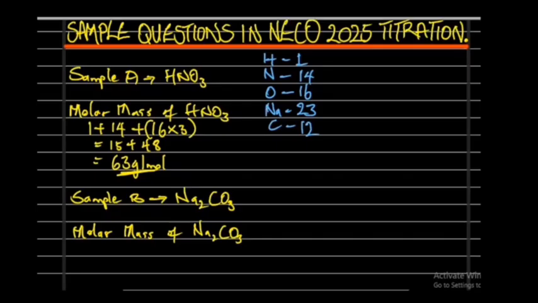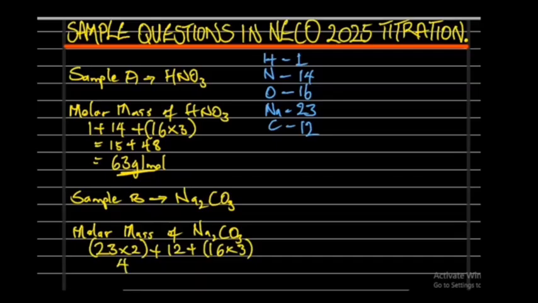So using this now, the molar mass is sodium 23 times 2 plus carbon, which is 12, plus oxygen, which is 16, in 3 places.